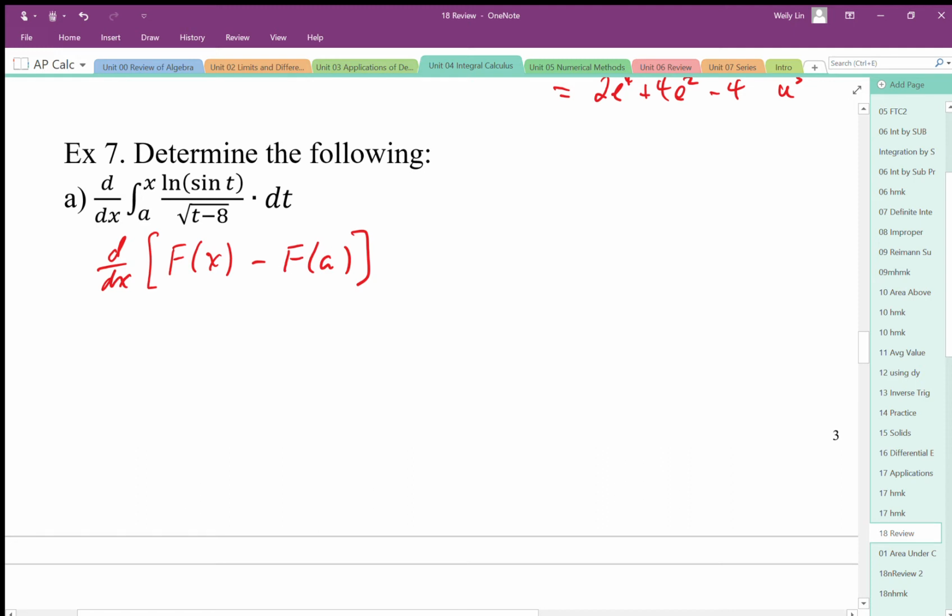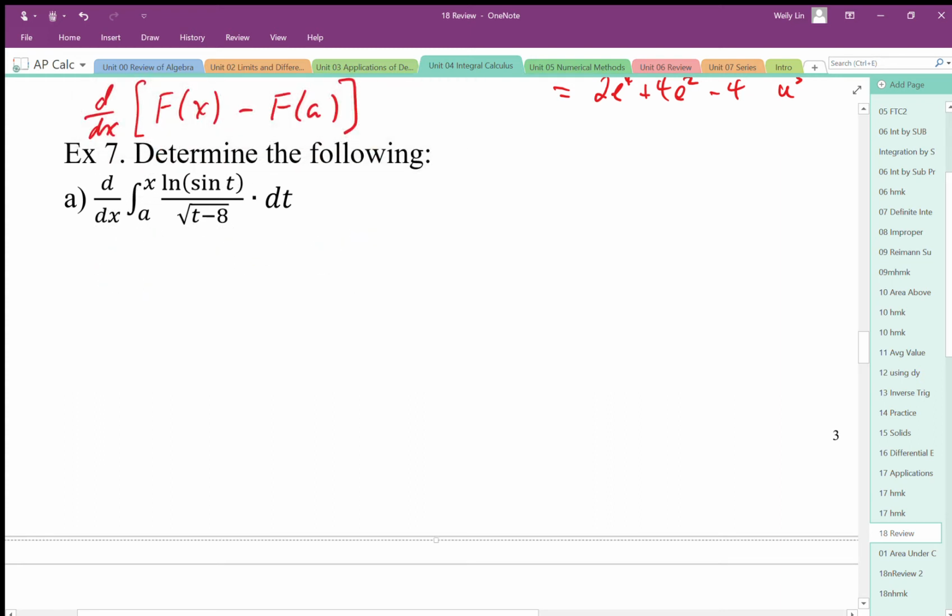Okay, so that's what I'm going to use, this notion of the fundamental theorem of calculus. If I were to write that in, that's going to be equal to the original f of x. Well, that said then, this is going to just end up being log sine of x over x minus 8 square root.